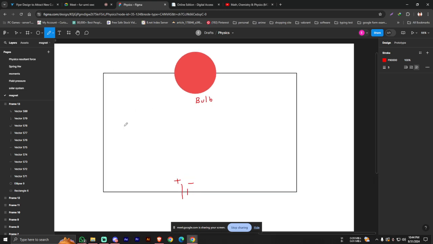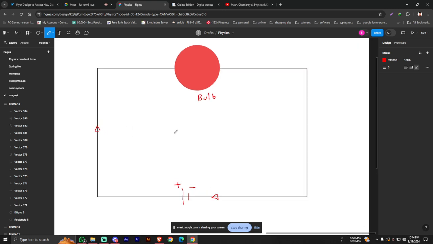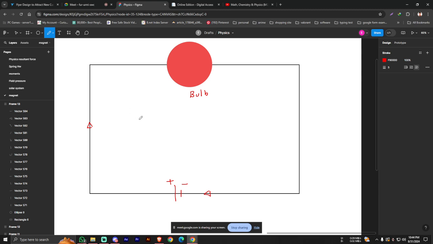Here we can say the current will move from the positive side and go through the circuit and come to the negative side, right? In a circuit, charge moves from the battery's positive side to the negative side.